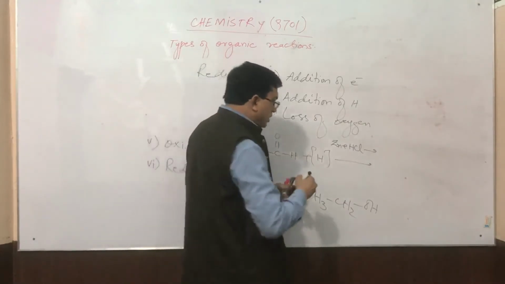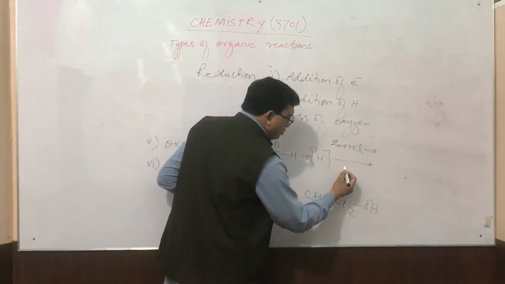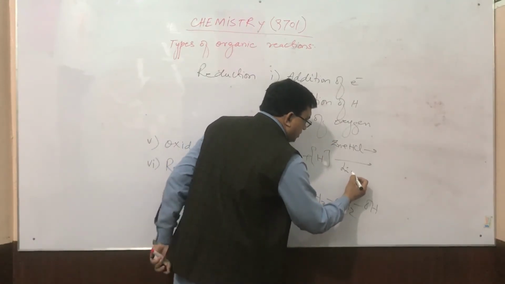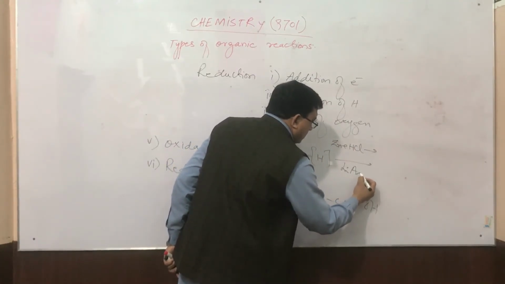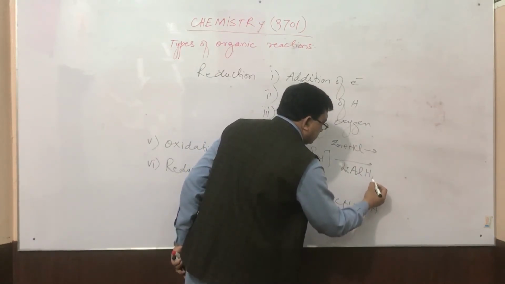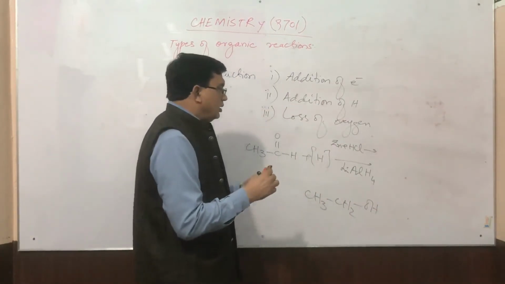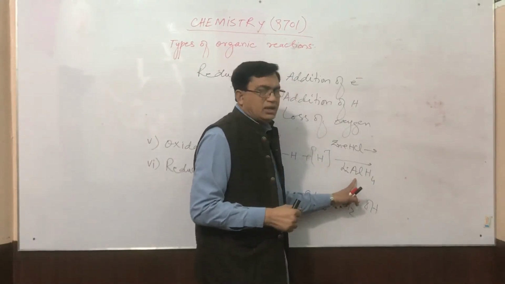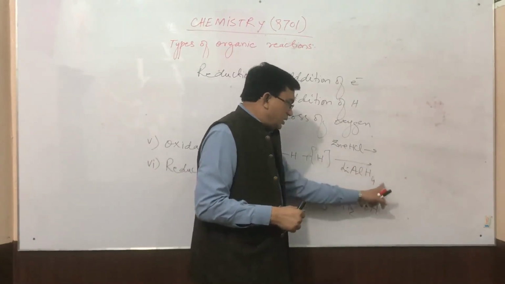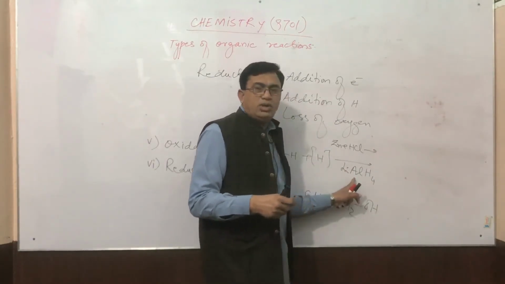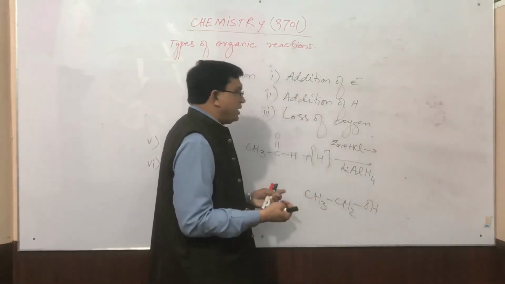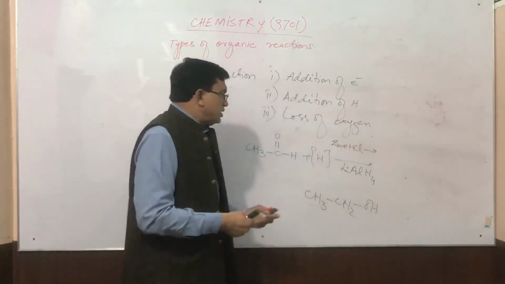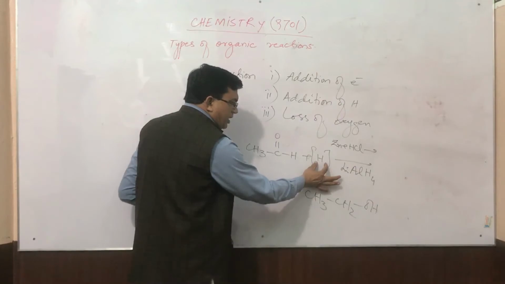The reducing agent we can also use is lithium tetrahydroaluminate or sodium tetrahydroaluminate, and these reducing agents produce atomic hydrogen.